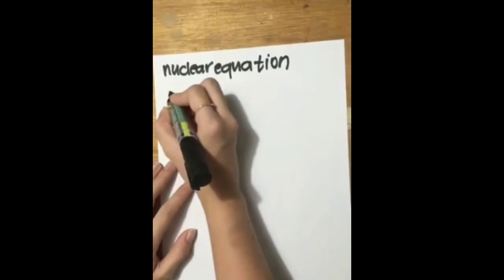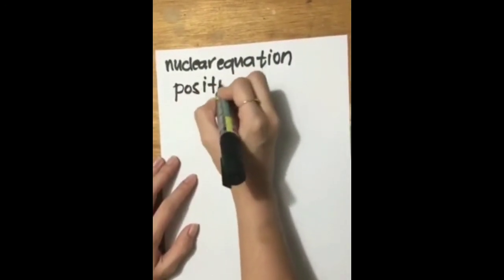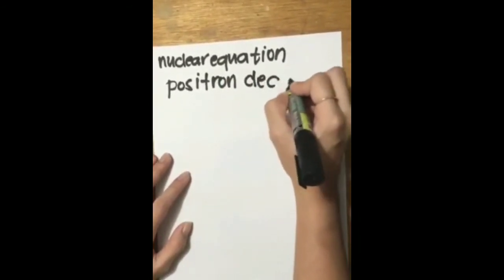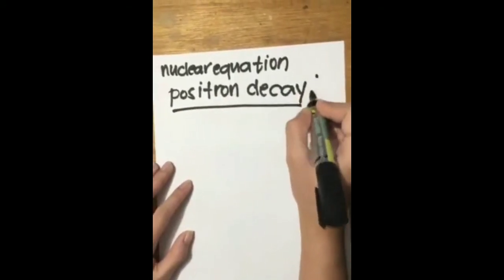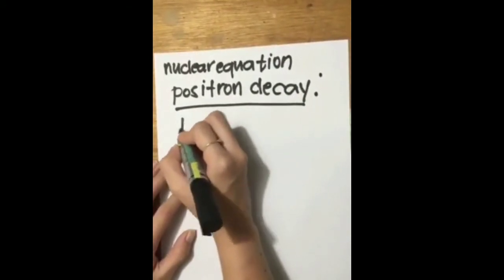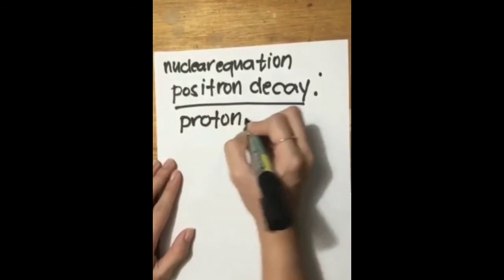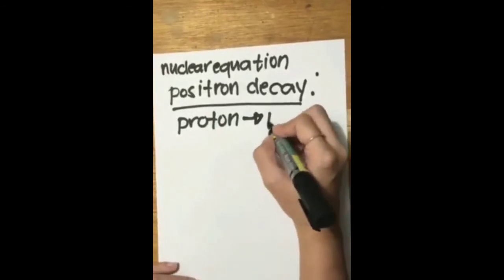Another type of nuclear equation is the positron decay. So in positron decay, a proton being lost will turn into a neutron.